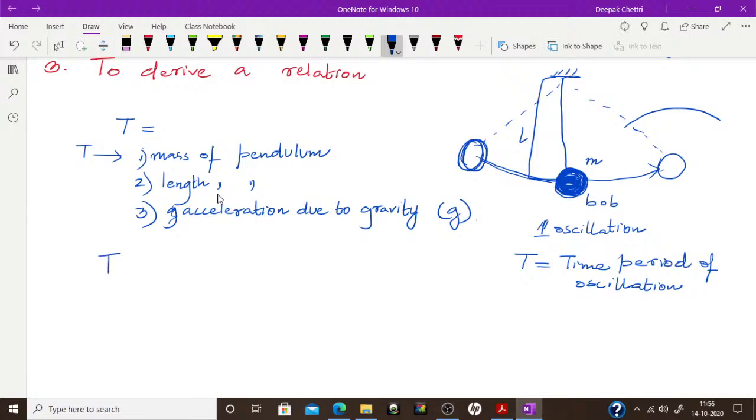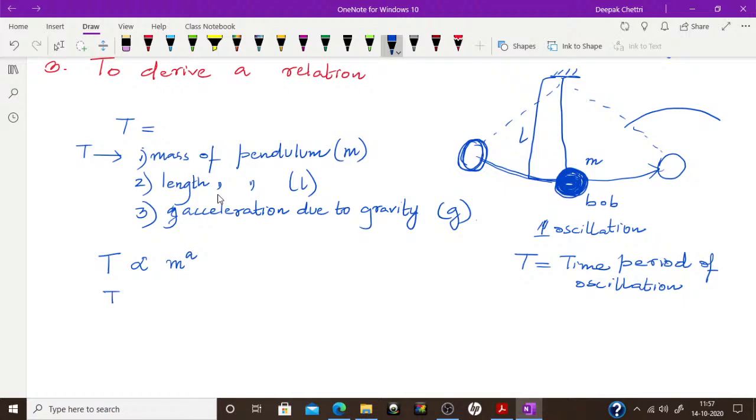So I can write: mass of pendulum is small m, length is small l, and this is g. Let us say T is proportional to m to the power a. That means T is related to m to the power something. It can be m to the power 1, m to the power 2, m to the power 3.